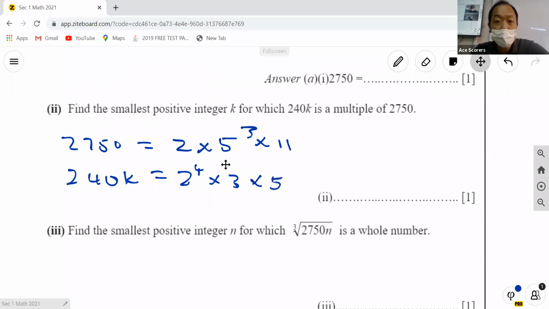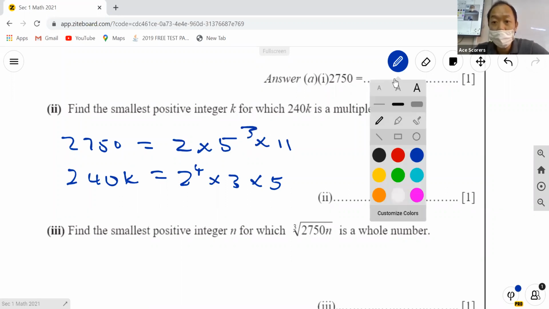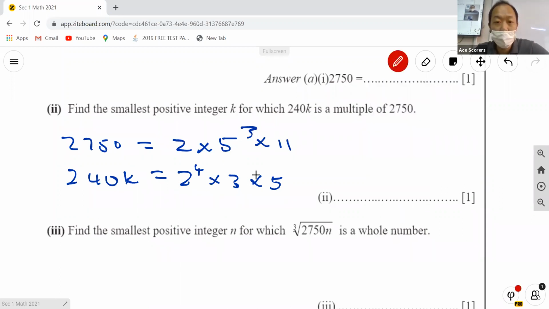Now for this to be a multiple of the one at the bottom, 240k should consist of all the elements inside 2750. So what is missing is an 11. So 11 is missing here. That means I need to have 11.